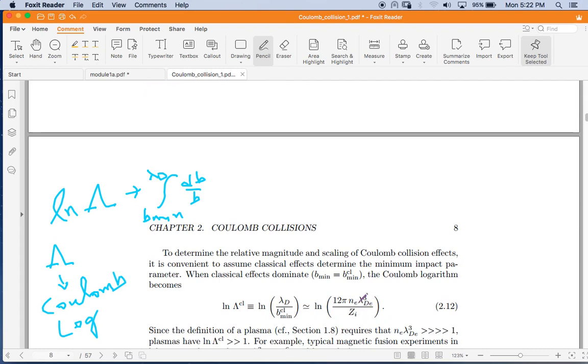It looks like this. And recall this n lambda_D cubed.